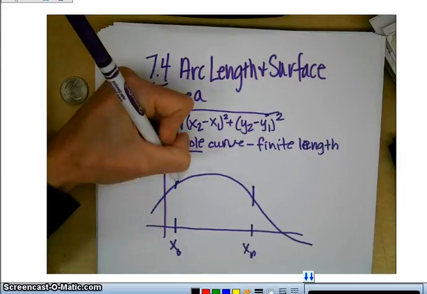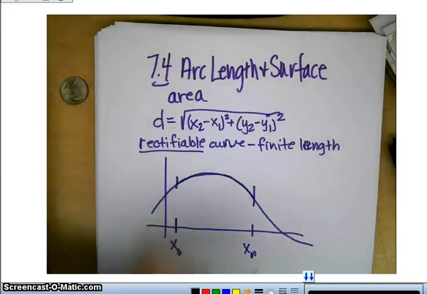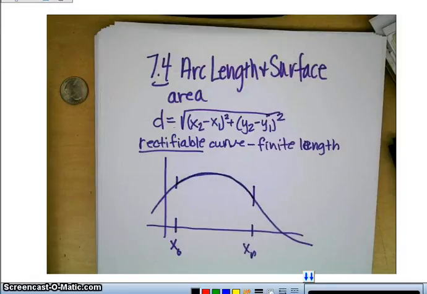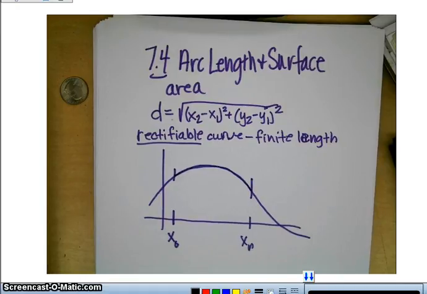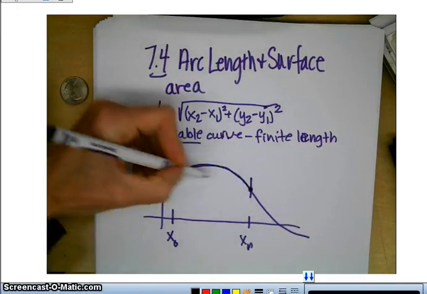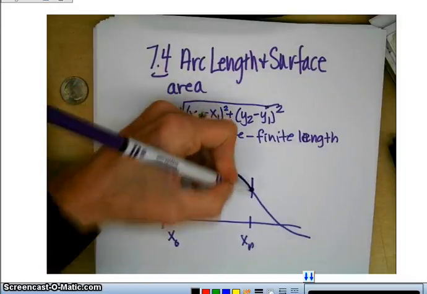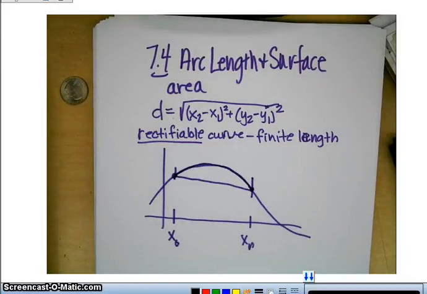And so we're looking for this entire length. So, if I were to just find the distance between these 2 points, would that distance be a good estimation of the length of that curve? No, that'd be really bad.